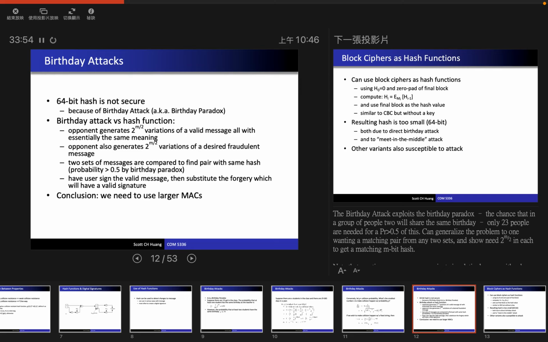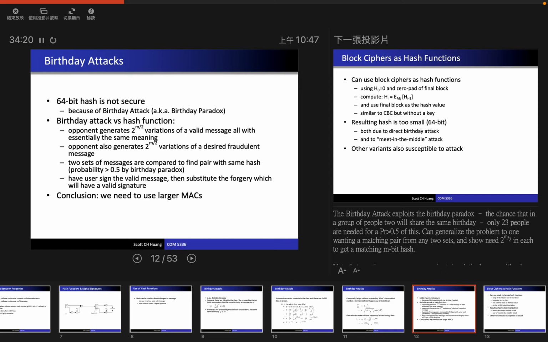For 64 bits, let's take DES, for example. It's a little less than 64, like 56 bits. But to achieve the same level of security, if you want your hash function to be collision resistant, you probably have to double the length. So it's at least 128.